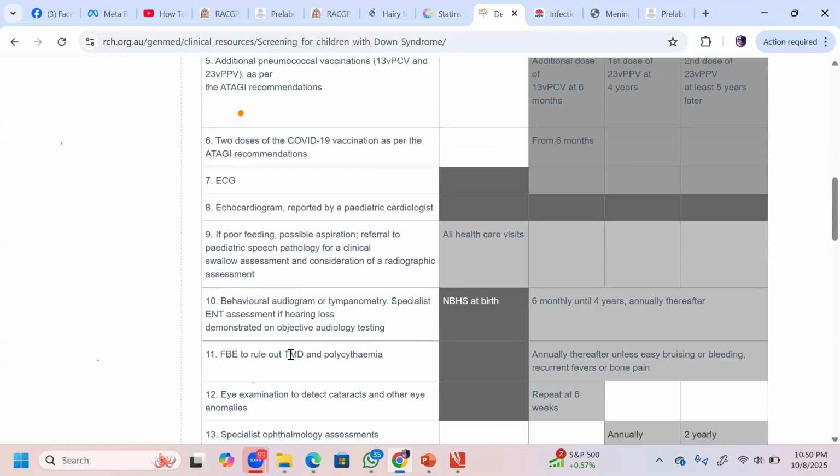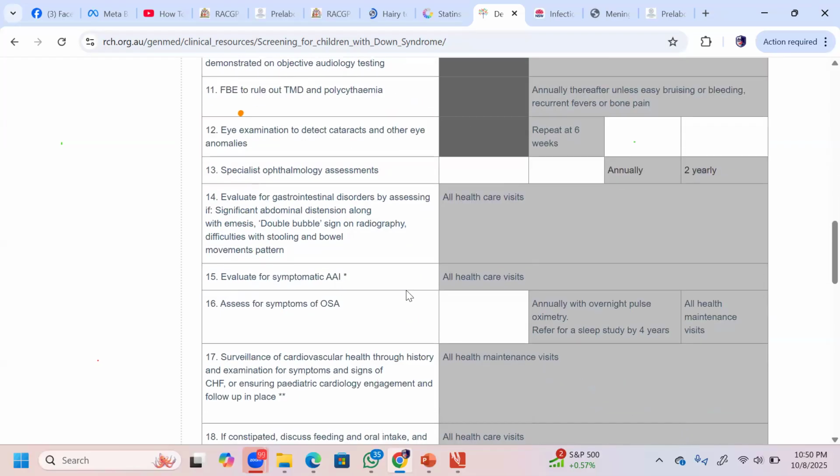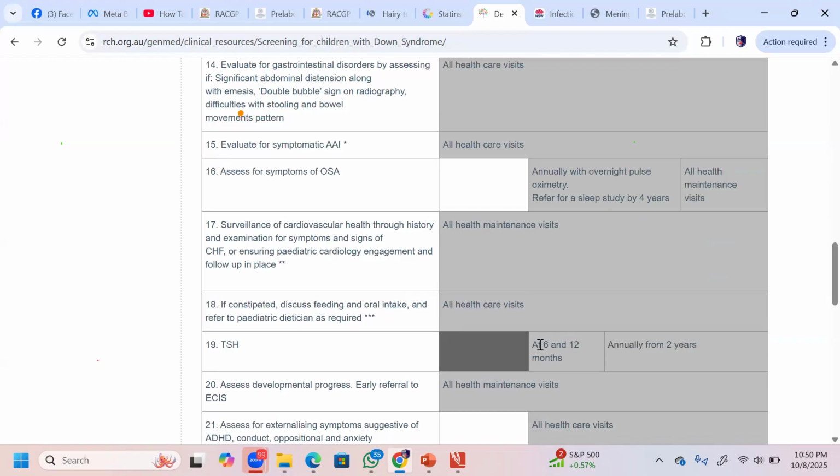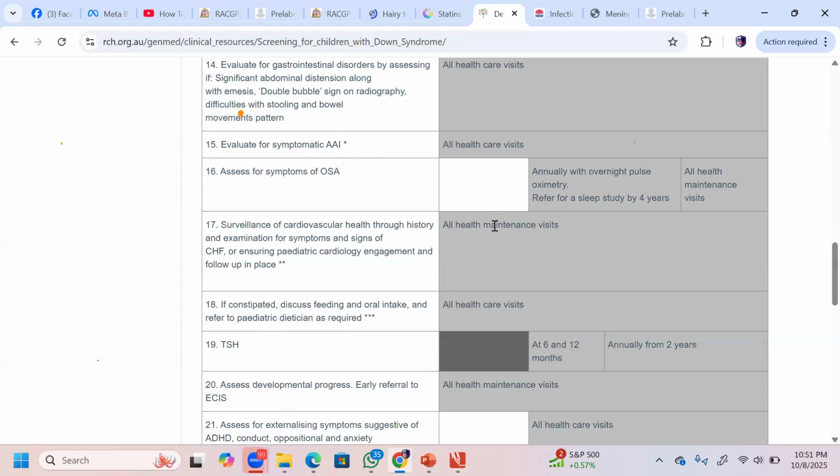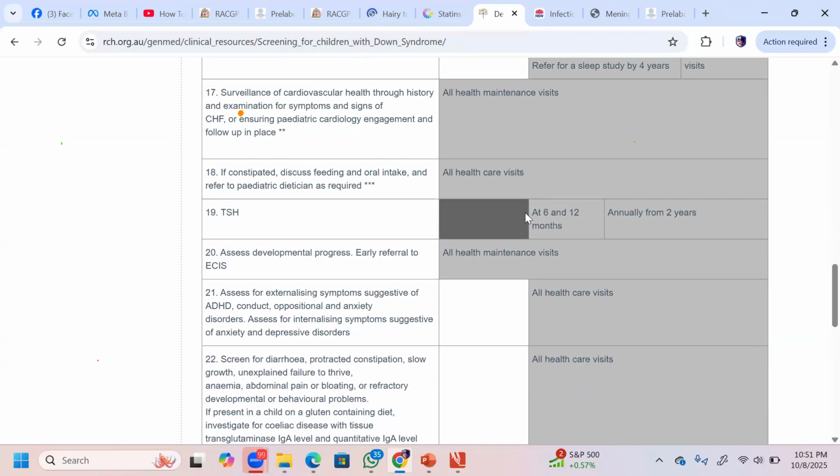About thyroid function test, TSH at the first visit, birth to 1 month, but later on at 6 and 12 months.